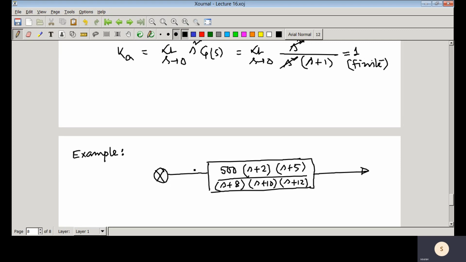Now, if you apply a reference command here, then what would be the steady state error in this case?